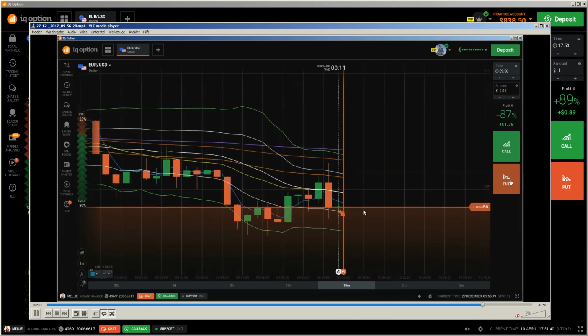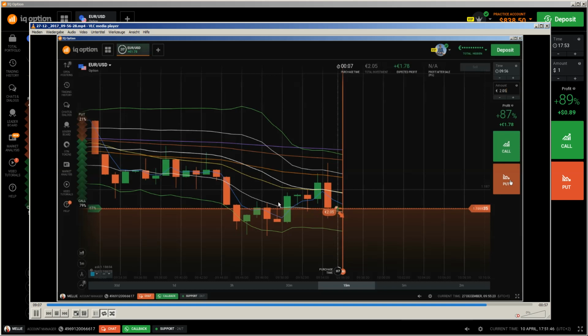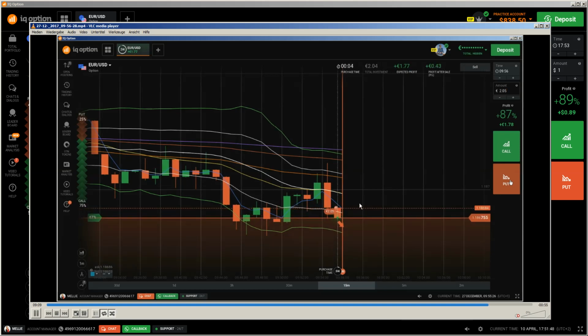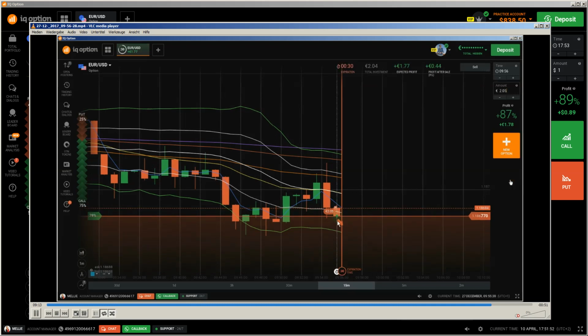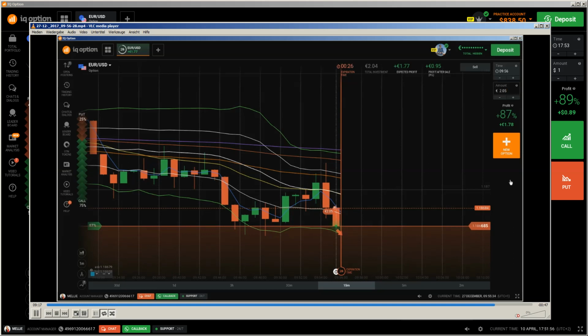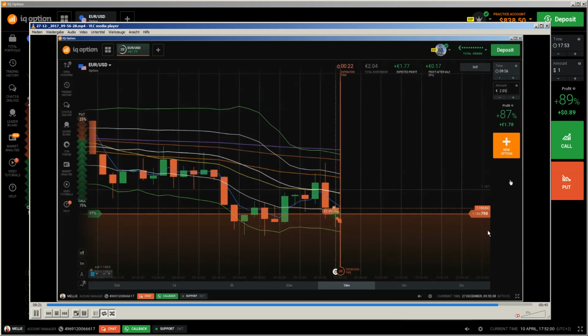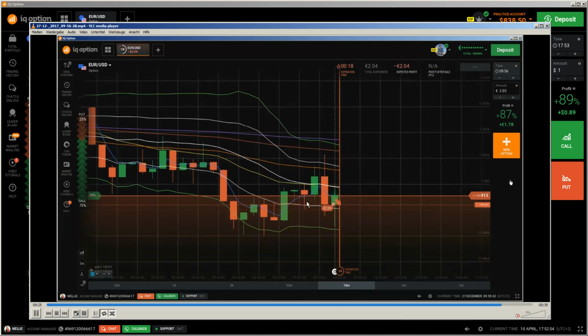Price tried again, after I had done the put here, to go up, but this support area has become a resistance area, and that's the reason why the price, you see, went back down again, yes, because it was a resistance area, and then it shoots down. And that is the principle, like I have explained in the ebook, yes, and that is what you have to understand.